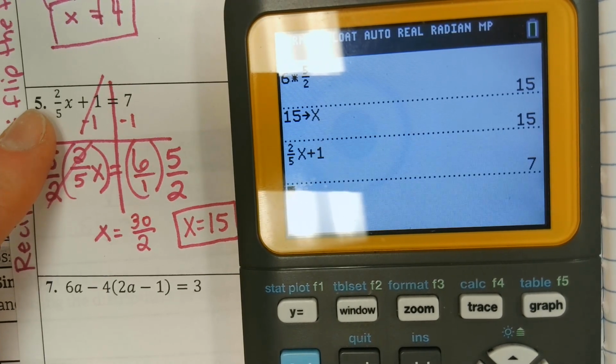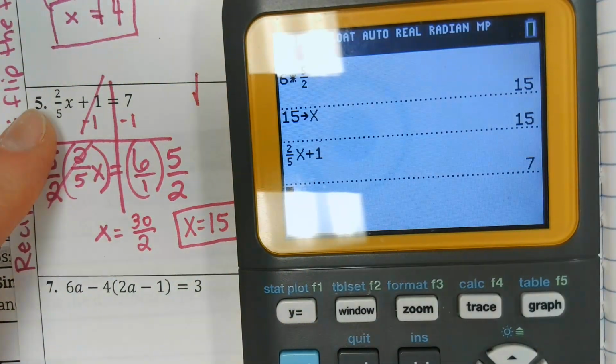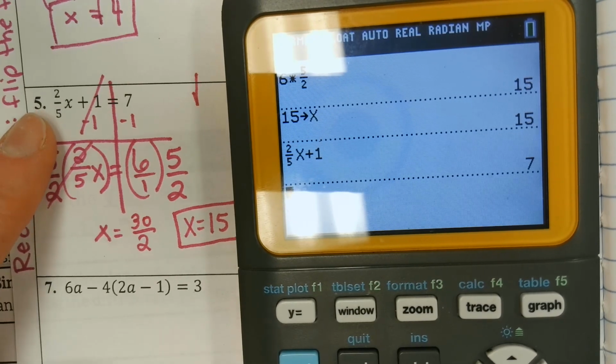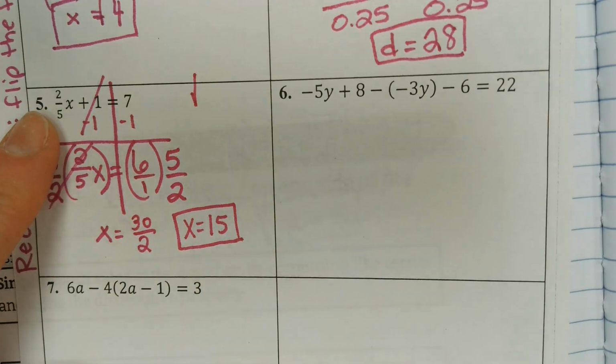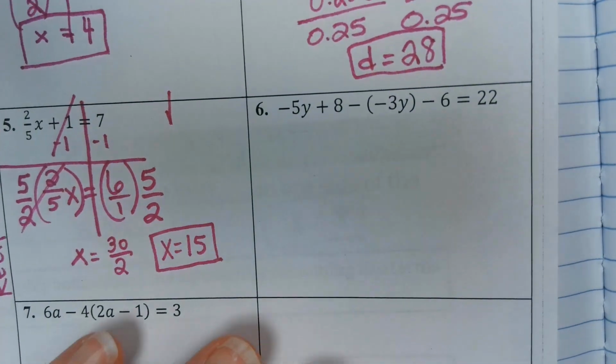Alpha Y equals, and it equals 7, so we're good. At the very top left, I put a check mark, so I know I've done it.